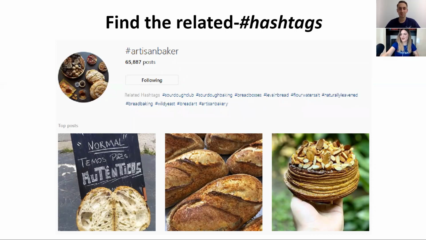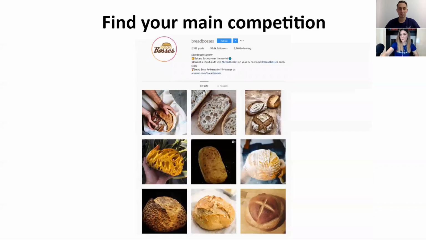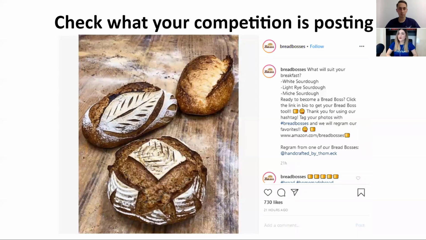This is the main competitor for this particular client. So what we do next, we find the main competitor, and we take a closer look at his profile. We see what kind of posts he has, what kind of followers, what's the number of followers, and we check what the competition is posting.